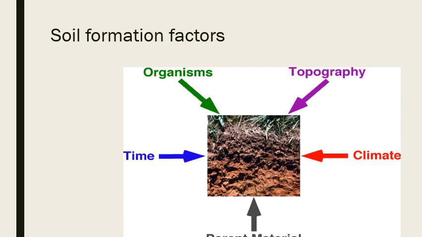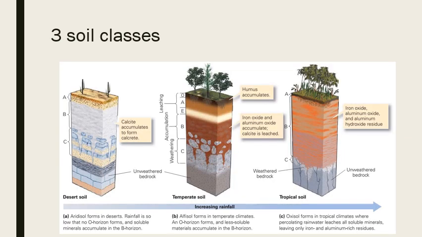The soil formation factors: organisms, topography, time, climate, and parent material, what the soil is made of. There are three basic classes of soils, depending on if you're in a desert, where it's very dry.